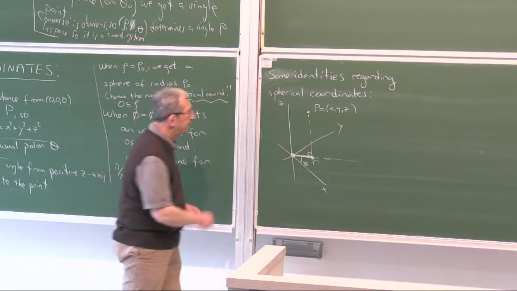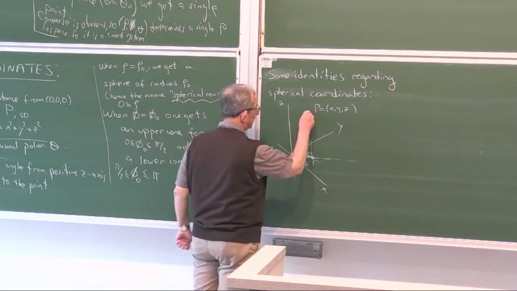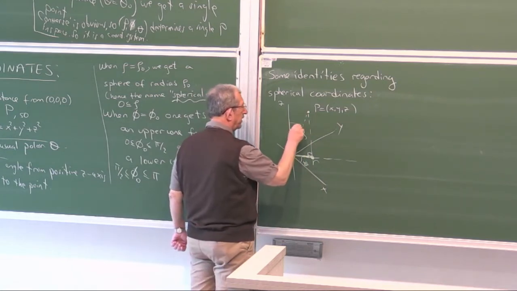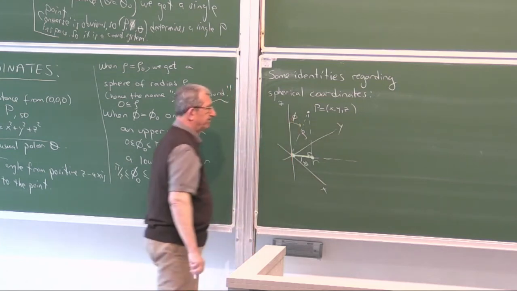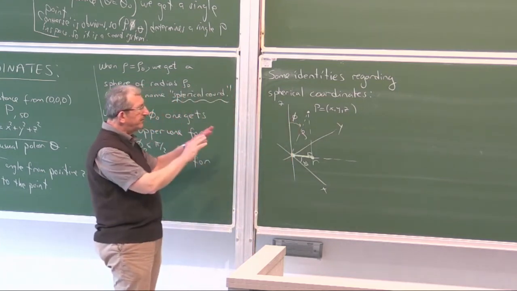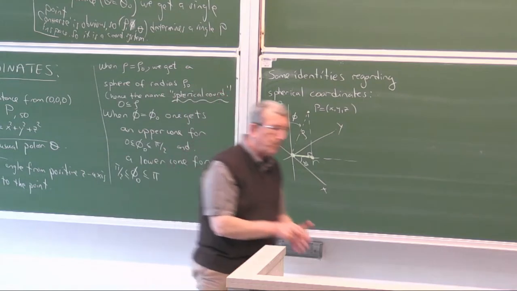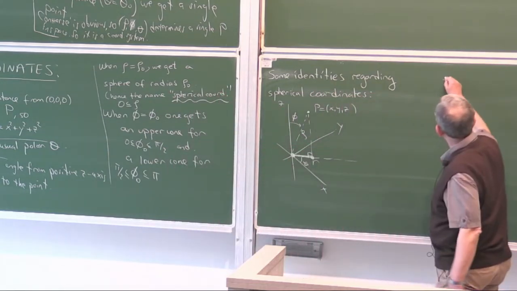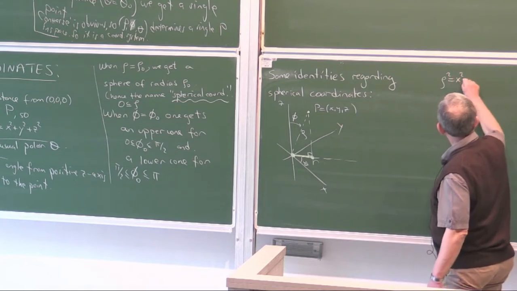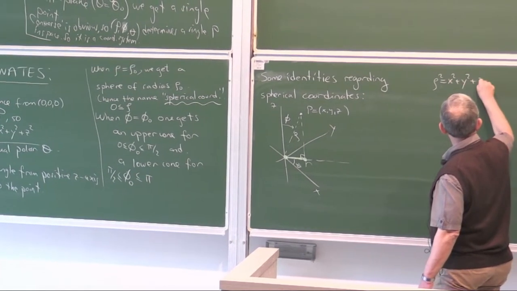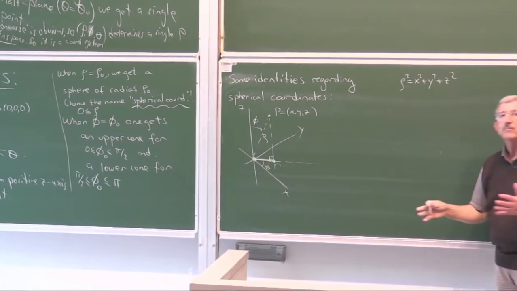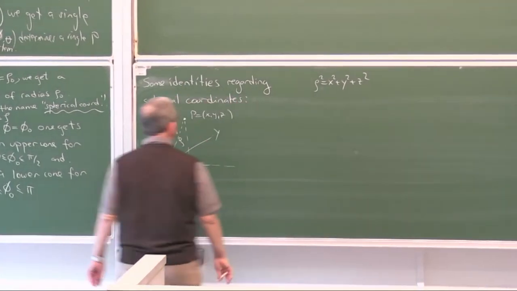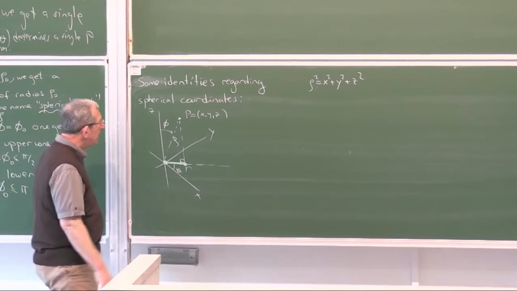And we have rho here, and here we have phi. So these three things characterize our point. Now we already noticed that rho squared is x squared plus y squared plus z squared, because it's a sphere. The distance from the origin is constant, so we get a sphere in that sense.